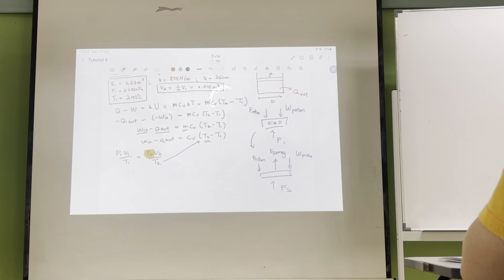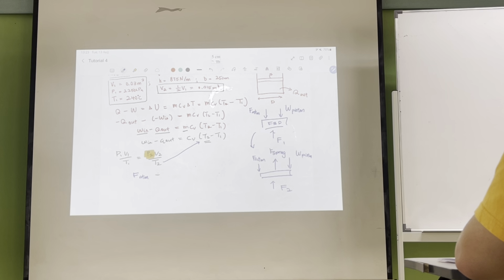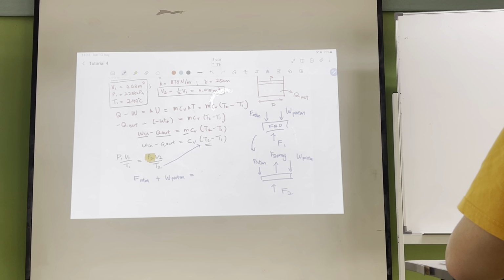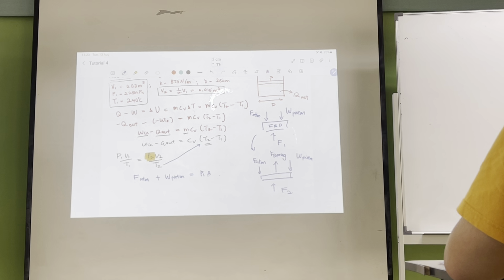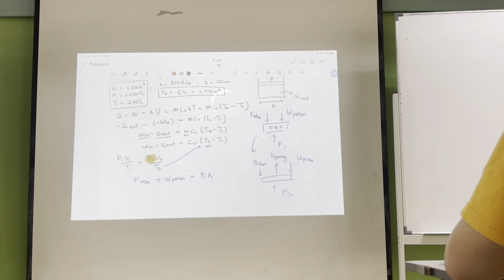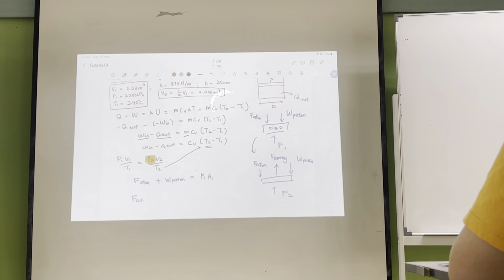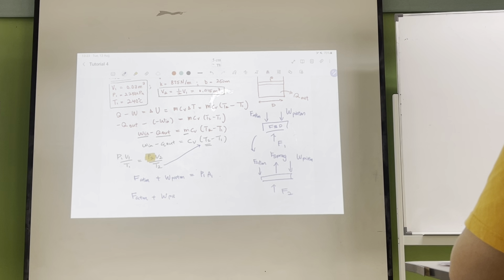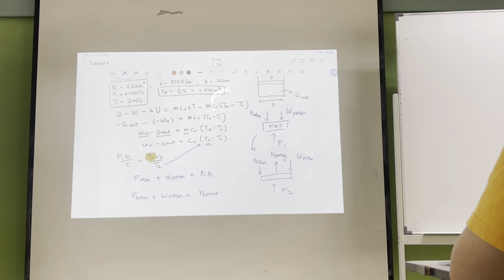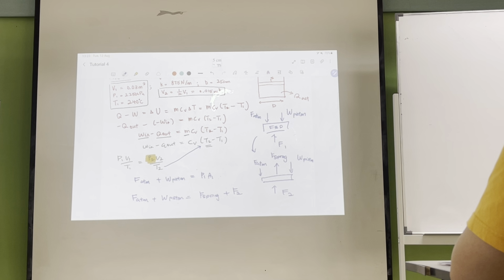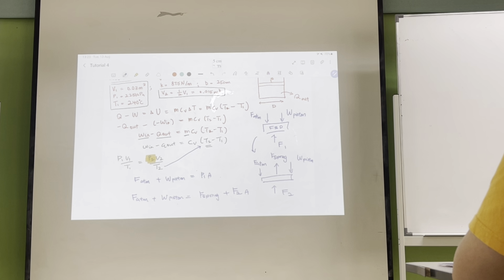So when you write this equation, F atm plus W piston equals F1, and F1 will be P1 A. Then the second one will be F atm plus W piston equals F spring plus F2, where F2 is P2 A. Sorry, A is still A, it doesn't mean A1.